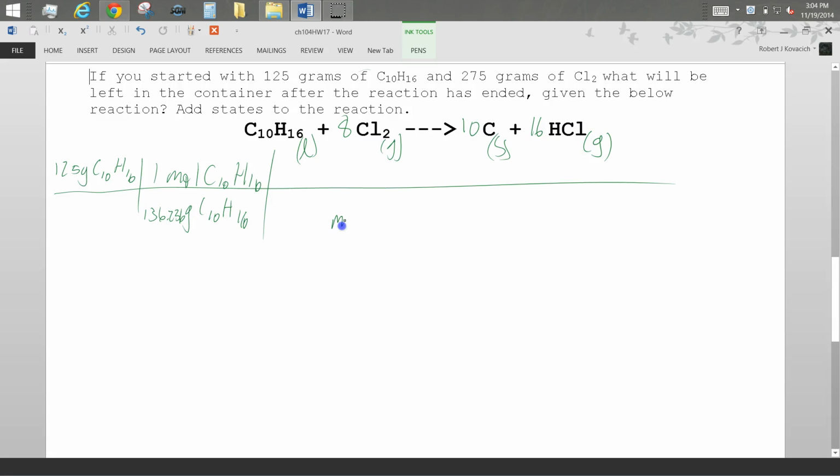And so I'm going to put mole C10H16 and mole carbon since that one's easier. And I'll put a 10 here and a 1 there. Are we okay with the 10-to-1 ratio that I've got written down? And then I'm going to put moles of carbon 1 and then 12.011 grams of carbon.